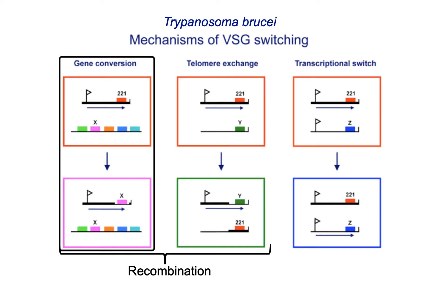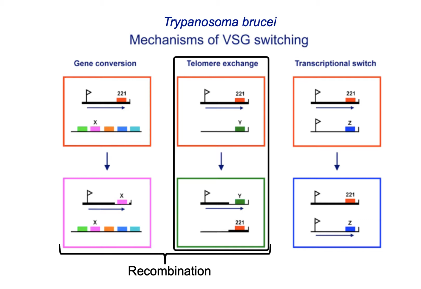The first is called gene conversion, and this is a recombination event where it switches out one of these variable regions into the expressed region for that gene, where it's then expressed as the RNA and then the protein.